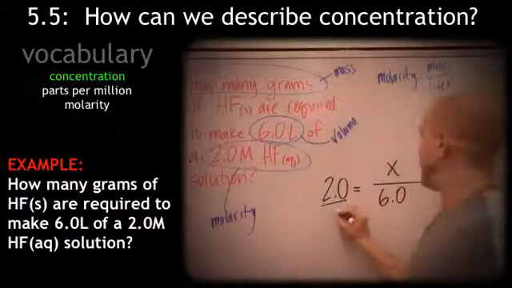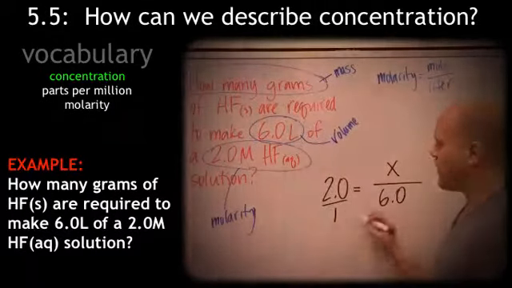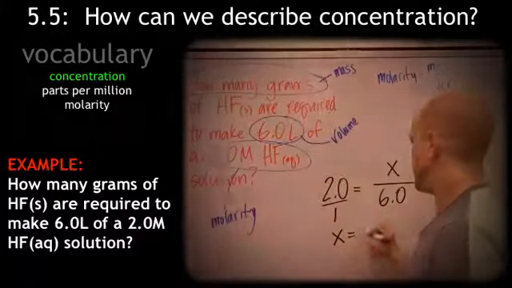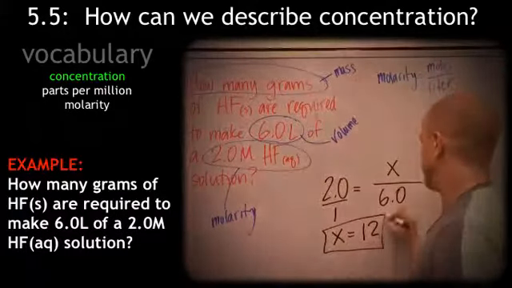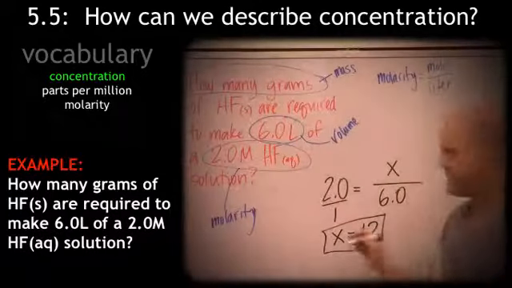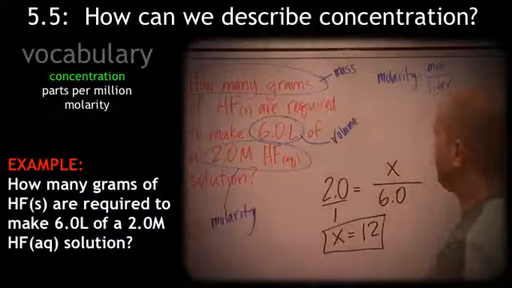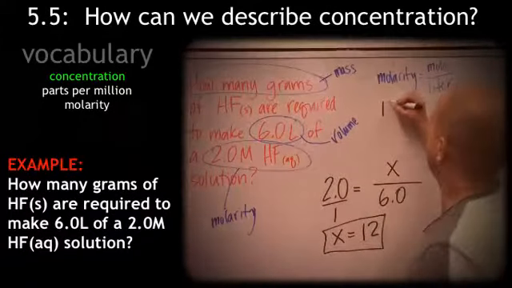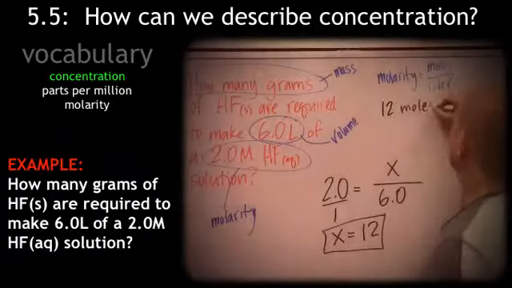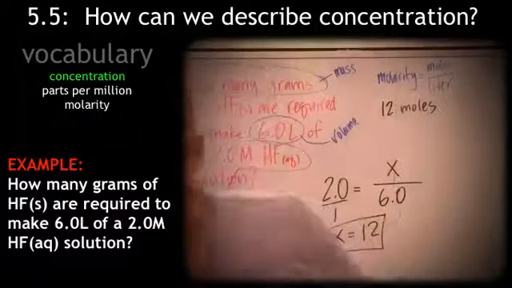So 2 over 1 equals X over 6. Cross multiply, and X equals 12. I'm not a math teacher. Okay? So we need 12 moles. It's asking us for grams. We're not done.